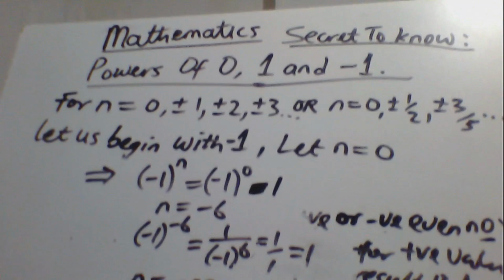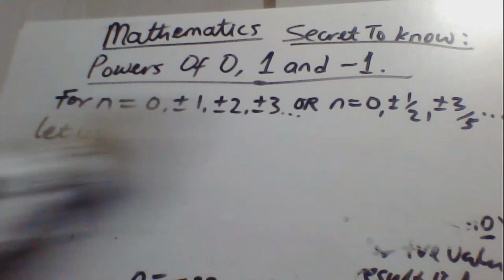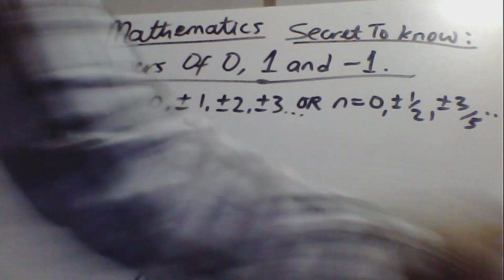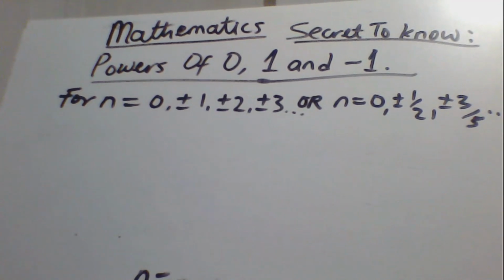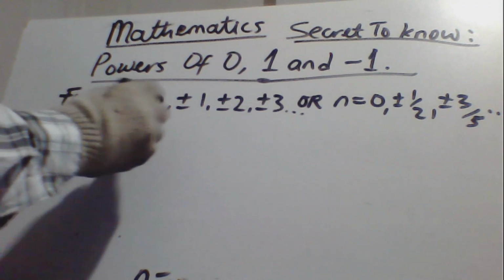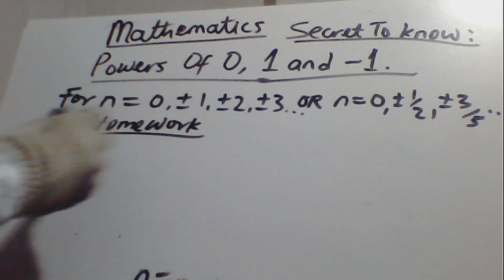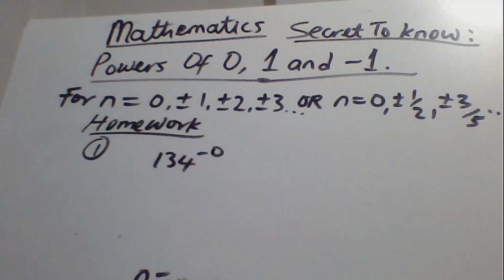If you have followed up to this extent, let's do this one for me. I want you to try it on your own to know if you understand how to solve problems involving powers of 0, 1 and minus 1. Just a homework to follow up. So the first is 134 to the power of negative 0.